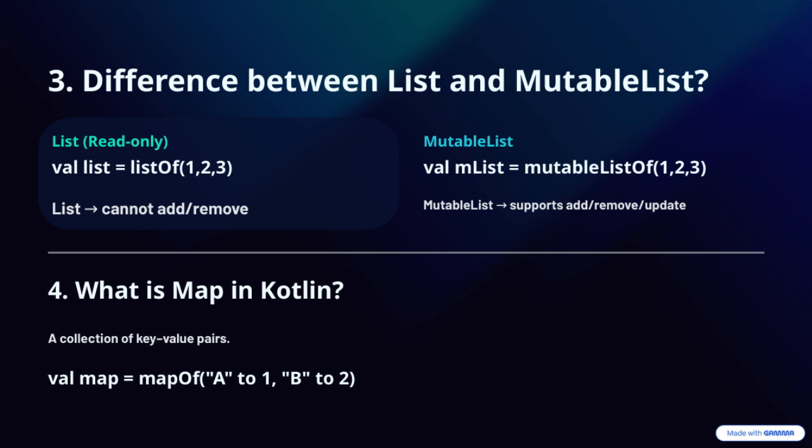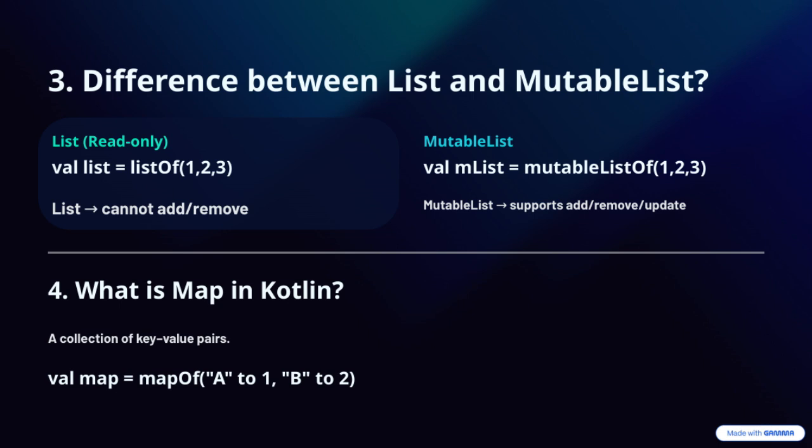When comparing lists and maps, it's important to understand their use cases. But before that, let's clarify the difference between list and mutable list. A mutable list, like mutableListOf, supports adding, removing, or updating elements after its creation. So, if you need a collection that changes over time, mutable list is your go-to.